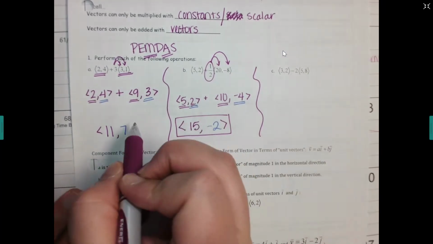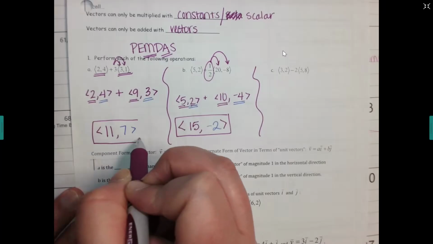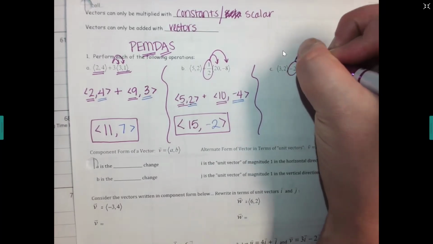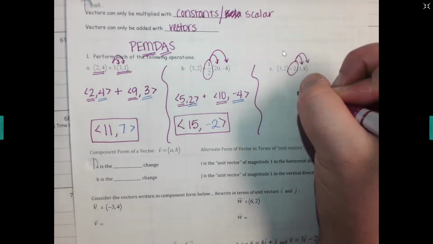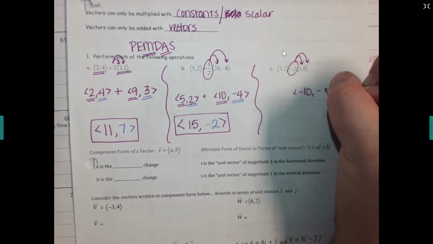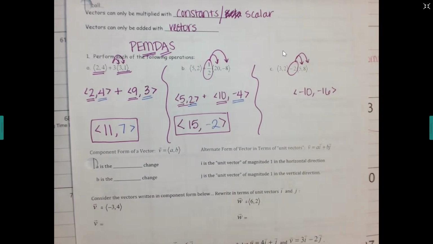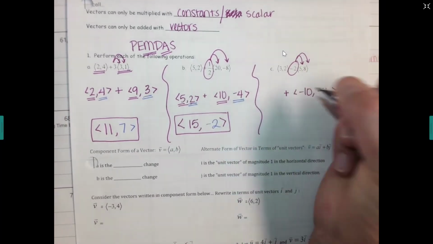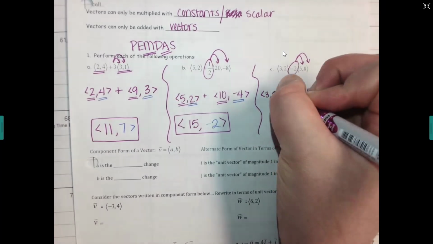All right, one more like that. Take a look at the next one. What's my multiplier number? -2. I'm going to multiply that into the 5 and the 8. -2 times 5 is -10. -2 times 8 is -16. Now this is really important. Because you push the negative into the vector, you are now adding it with the <3, 2>.